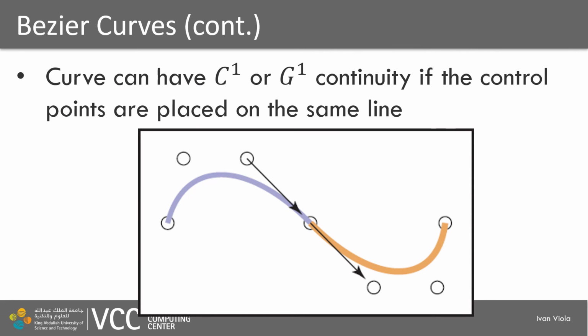But before that, a last mention, here is a nicer image on the continuity of the Bezier curves. If we have piecewise concatenated Bezier curve segments into a longer curve, and we want to secure the C1 or G1 continuity, C1 continuity will be secured only if these two segments have the same orientation and length.